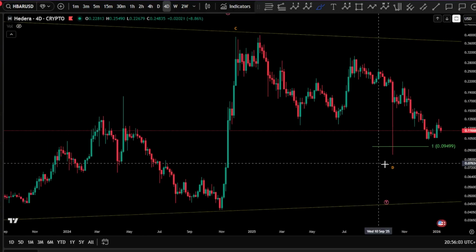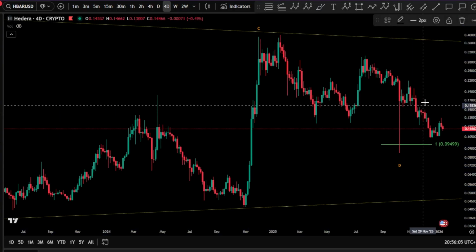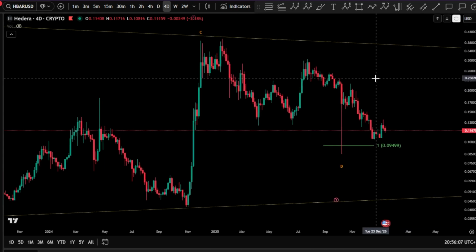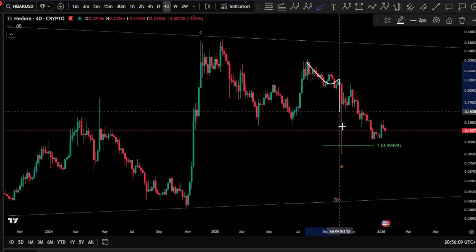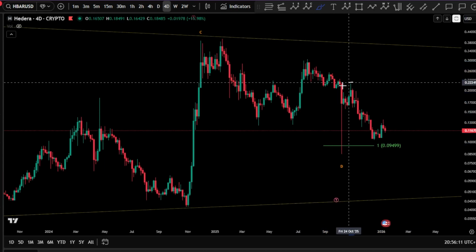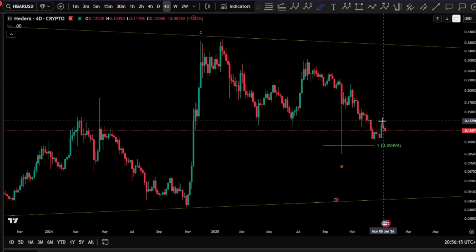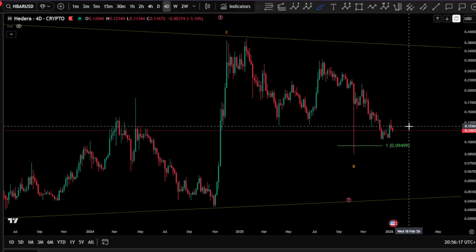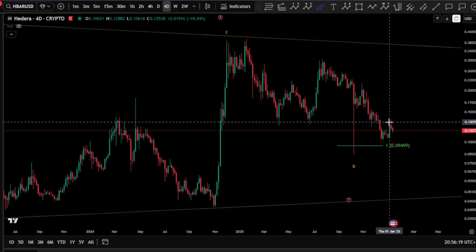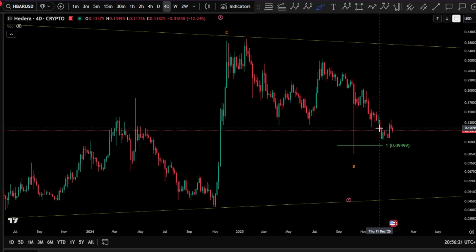Knowing that the 1-to-1 fib level was taken, this looks so far like kind of 1, 2, 3, and then 4 and a 5. But you cannot consider this. Wave 4 is of course touching the zone 1, which is not an impulse. It is something very complex here.